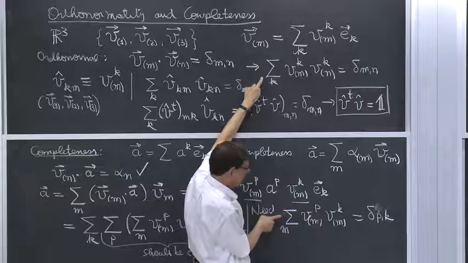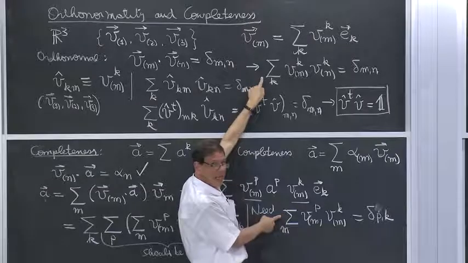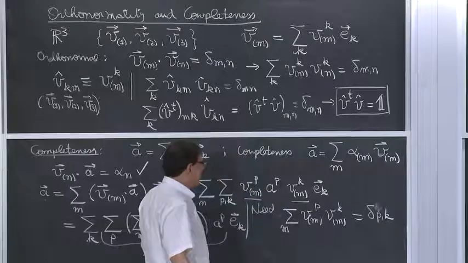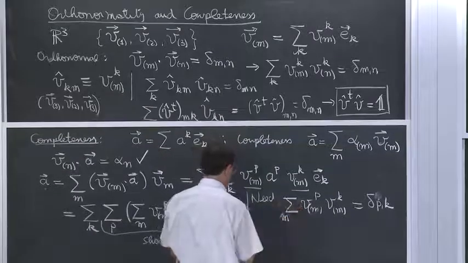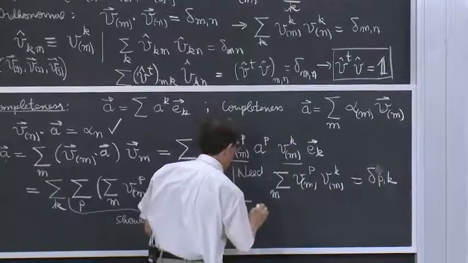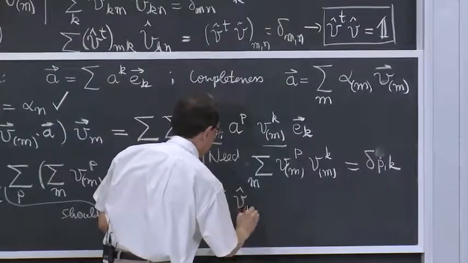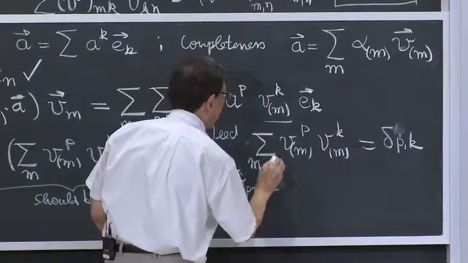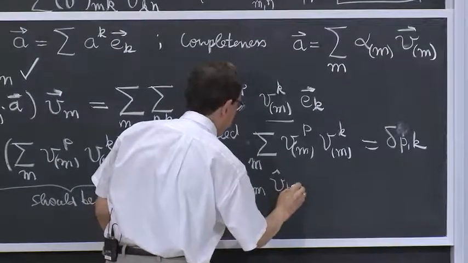For completeness you sum over m, which is the index for the various vectors. So what is this equation? This is the sum over m of v hat_pm v hat_km.